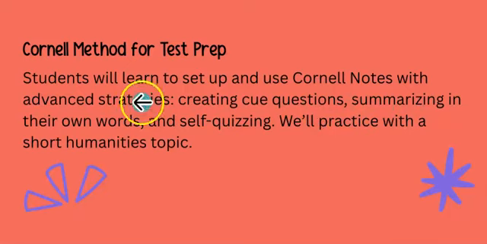You're going to summarize and put information in your own words, and you're going to use your Cornell Notes to self-quiz. So we're going to go ahead with a little practice activity, and this will all make sense. You're going to see I have multiple handouts that I use in this video, and those are all accessible to you in a link below.